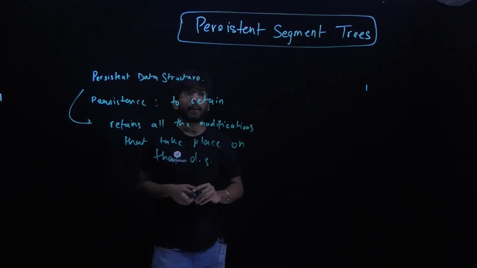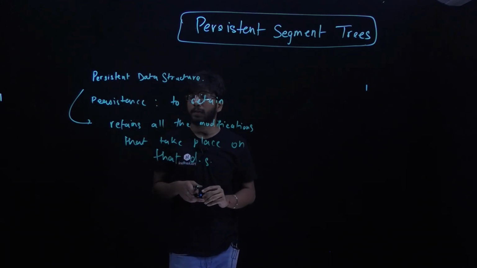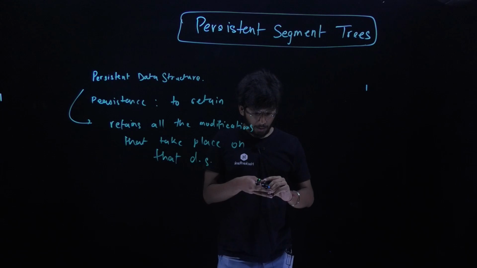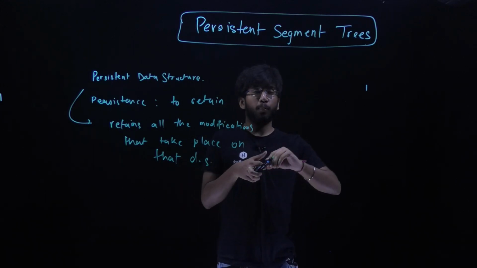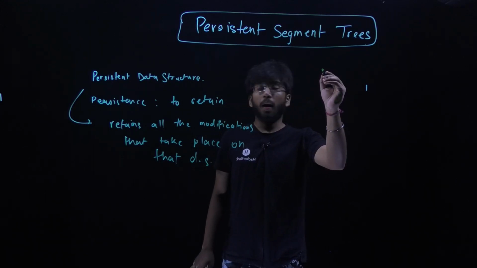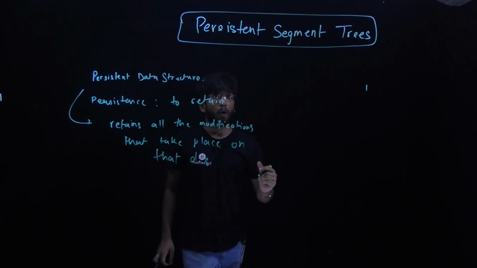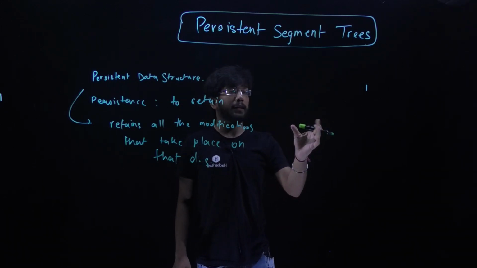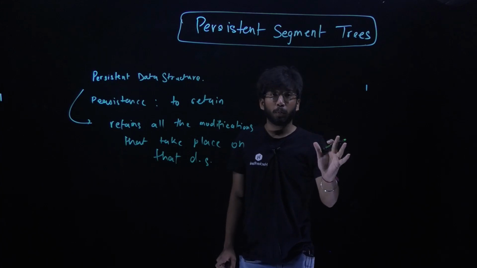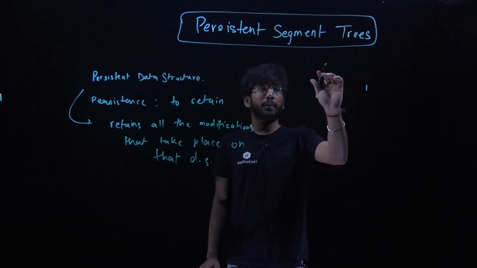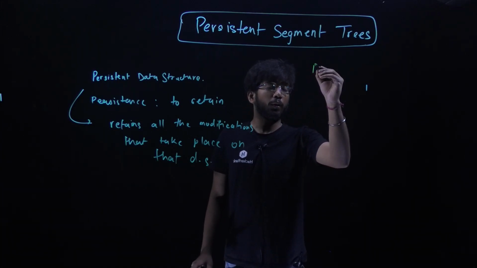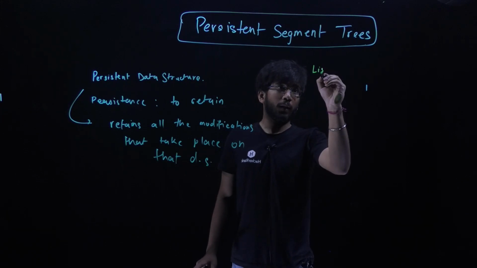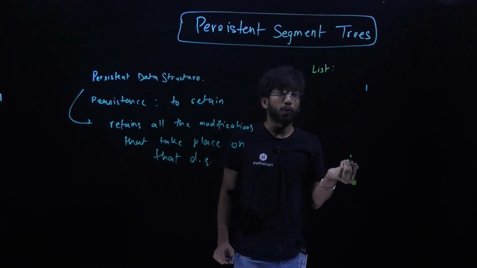So starting with an example for a persistent data structure, I have a problem that I have taken from Anudeep's blog on persistent segment trees. It's a very good blog and it's worth a read. So the question comes as follows.